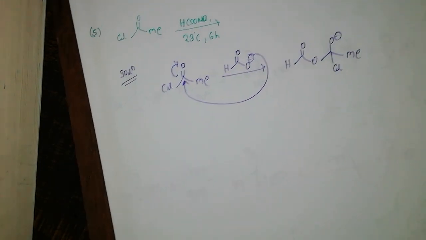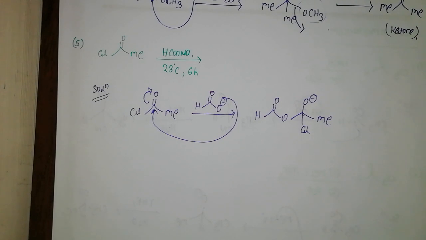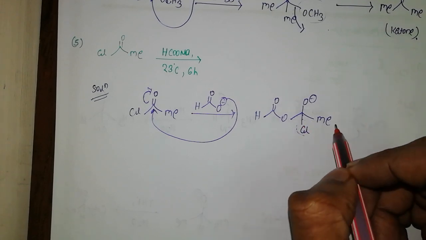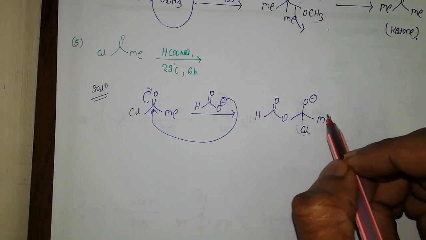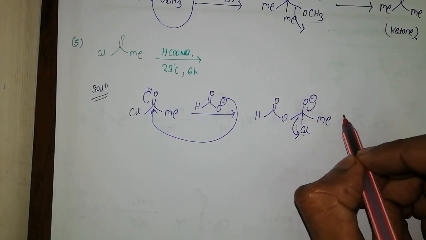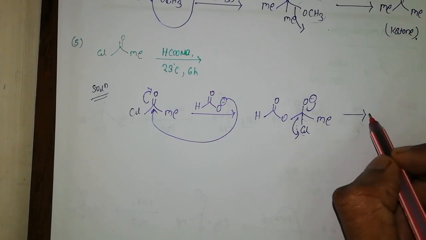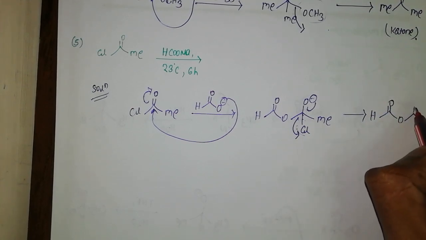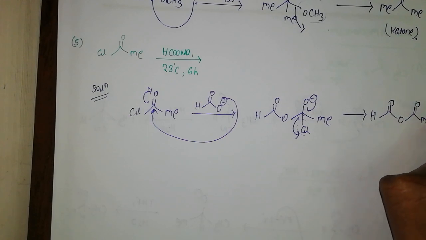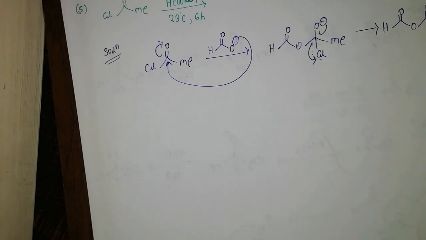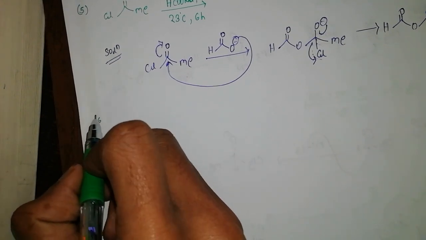Okay, here is our attacking product. Then we all know that Cl is of the halogen family, so whenever this occurs, it is a better leaving group. So we get our desired product. So let's move on to the sixth question.